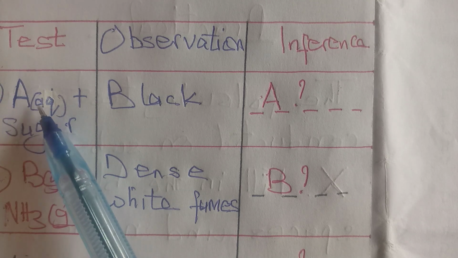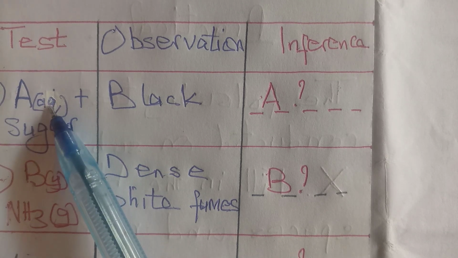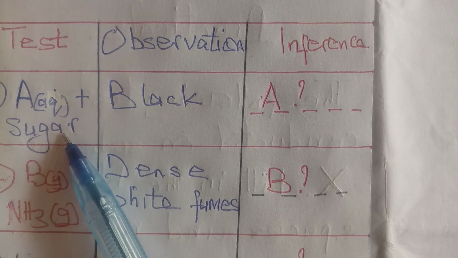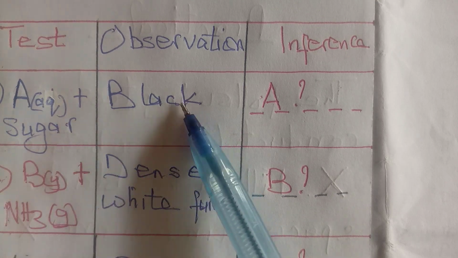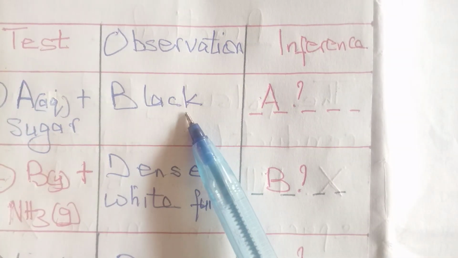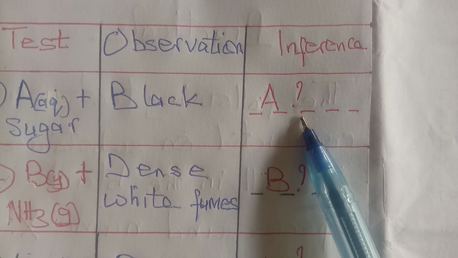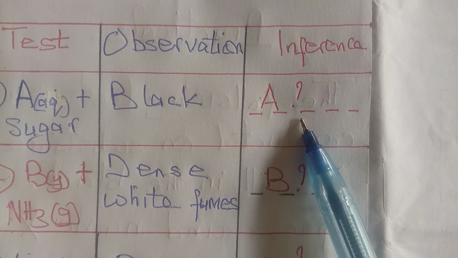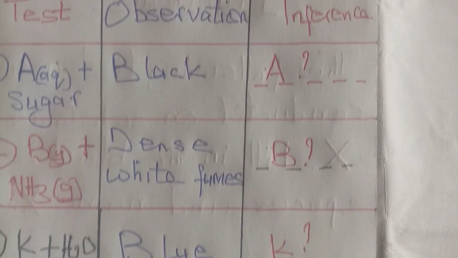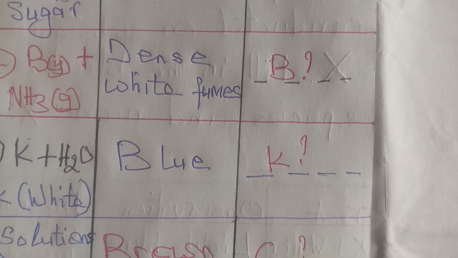Solution A was added to the cube of sugar. Under observation, we were told that the white cube of sugar turns black. Can you infer or can you tell what is A? That is the drill. Let's go on.